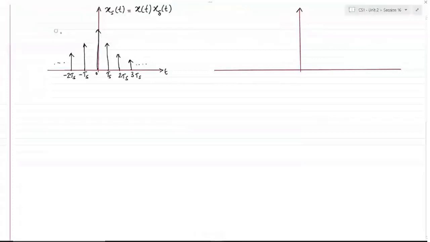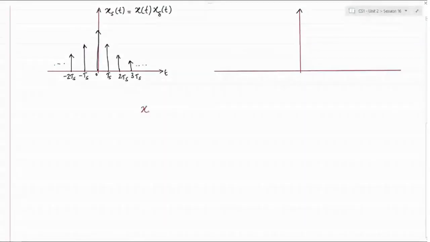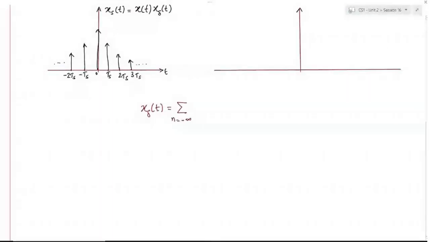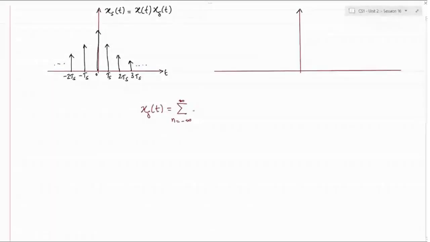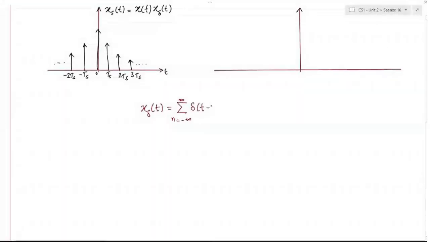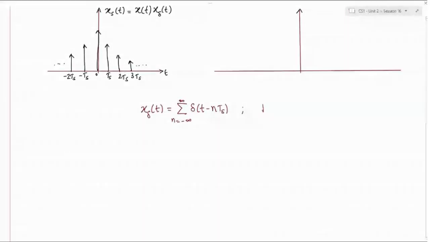X delta of t is a train of impulses, which I have written already. Say x delta of t is nothing but the summation running over minus infinity to infinity of delta of t minus nTs. This is the impulse train that we have with us, where Ts is the sampling period.